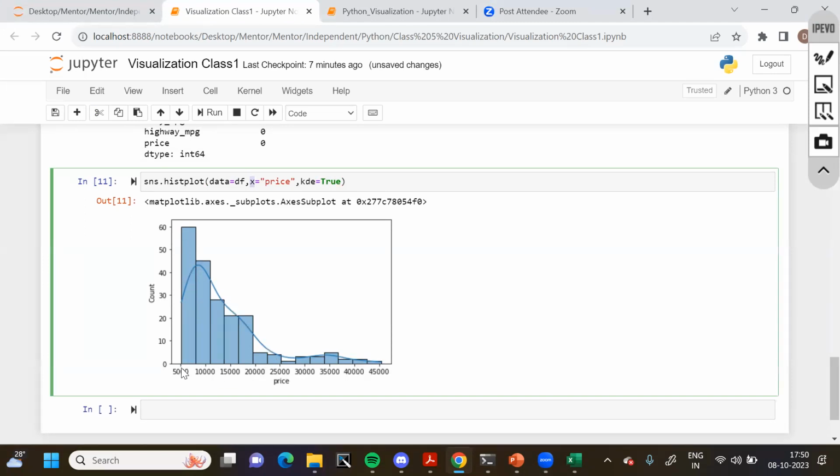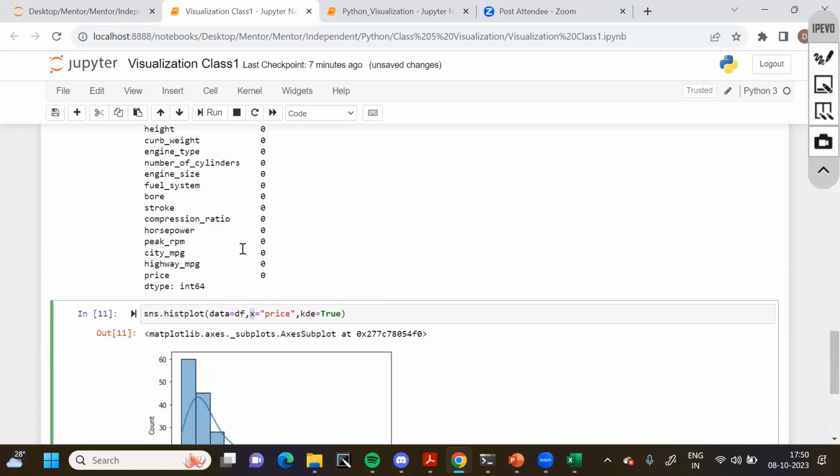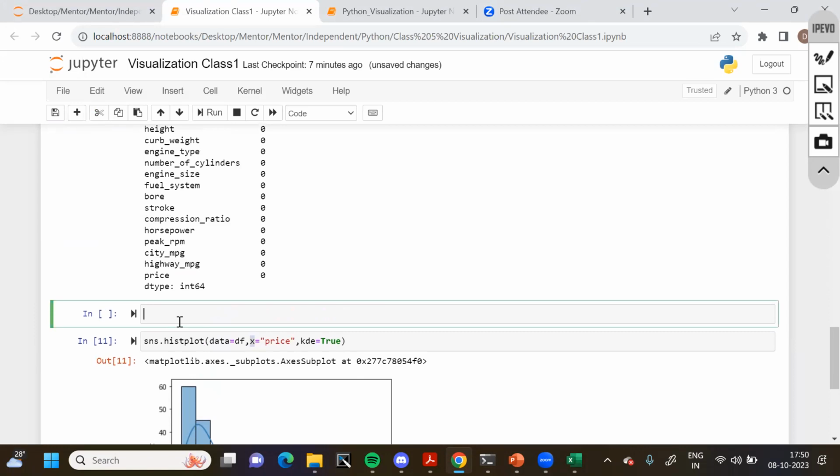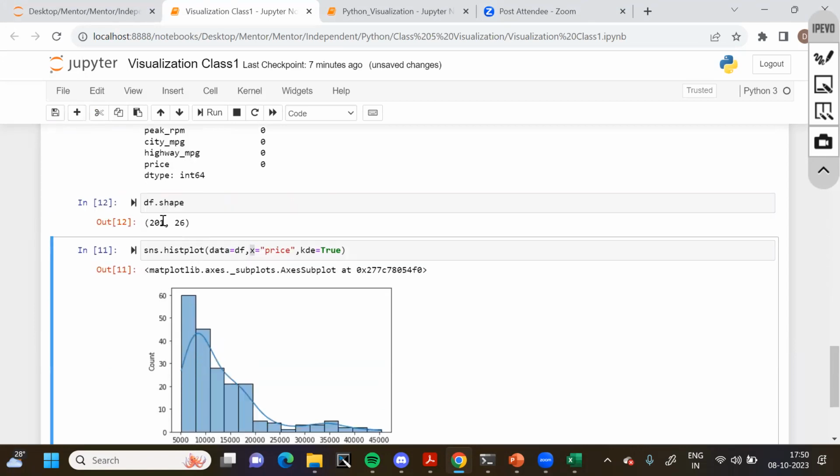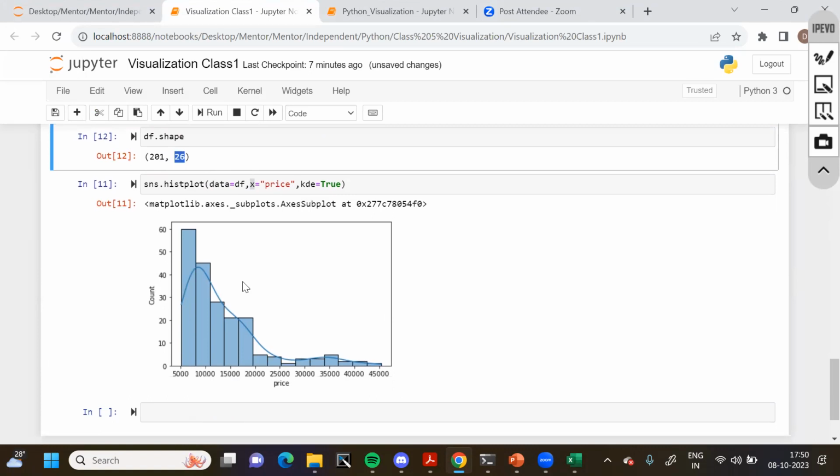It is saying that in the 5,000 to 10,000 range, it must be in dollars, the total count of observations is 60, followed by the 10,000 bin, which is around 45. Before that, let's see the shape of our data, which means how many rows and columns are there. We have 201 rows and 26 columns.